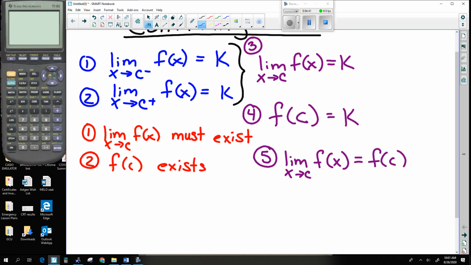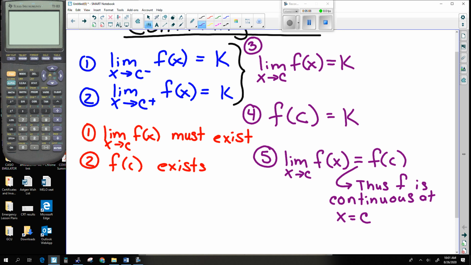So the limit as x goes to c is equal to the actual f of c. And when they are equal, I write a little final statement that says, thus, f is continuous at x equals, in this case, c.